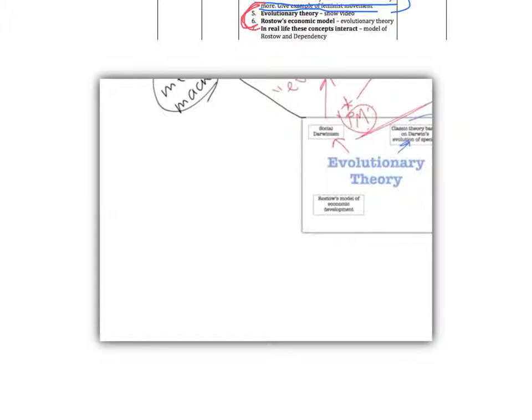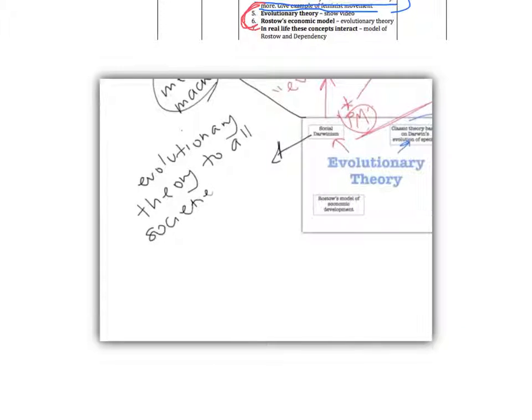And another thing that it's worth thinking about is that this type of social Darwinism applies evolutionary theory to all societies and cultures.